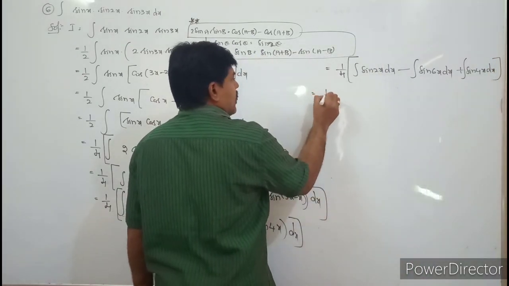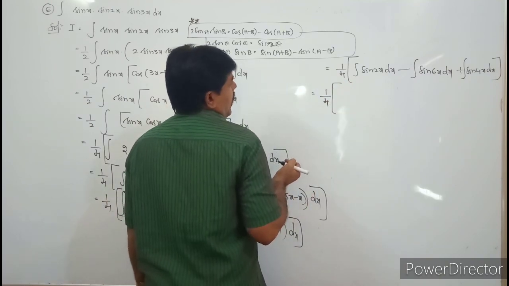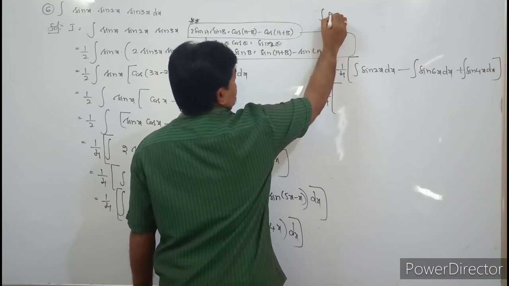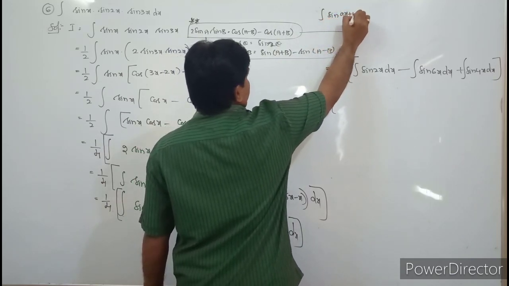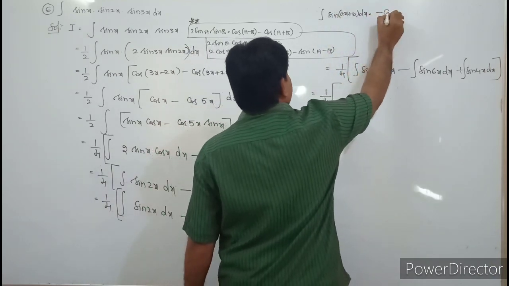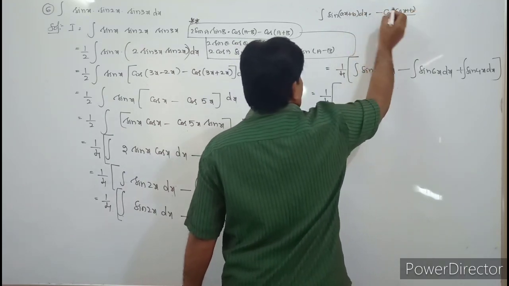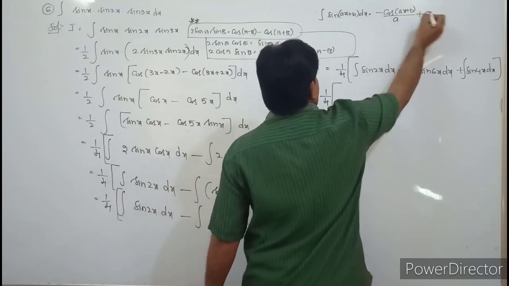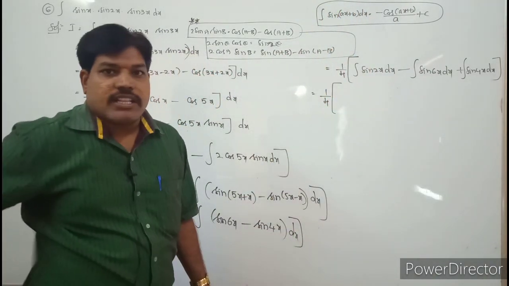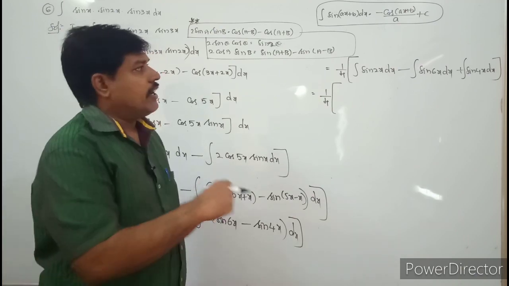So that is equal to 1 by 4. What is the formula you have? Integral of sin of ax plus b dx is minus cos of ax plus b divided by a, plus c, because the derivative of ax plus b is a, and you get it in the denominator.